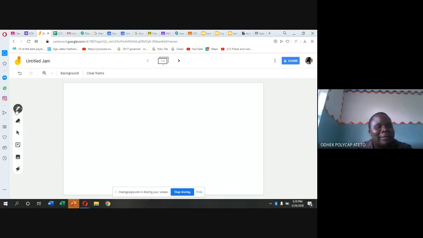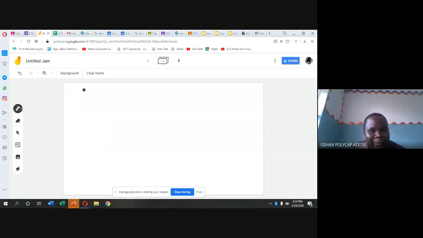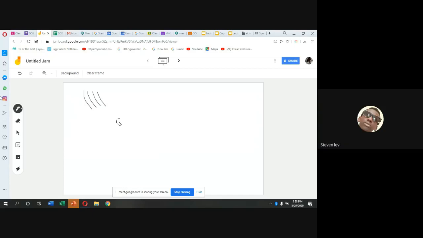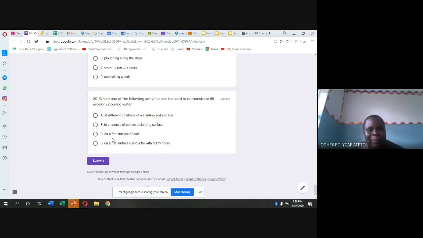Very good. If we are pouring water in channels, already this channel has formed rill erosion. So if I pour water in the channels, it will continue and now become gully. So choice B will demonstrate gully erosion. Correct. Choice C, on a flat surface of soil. Why is choice C wrong, Levi?